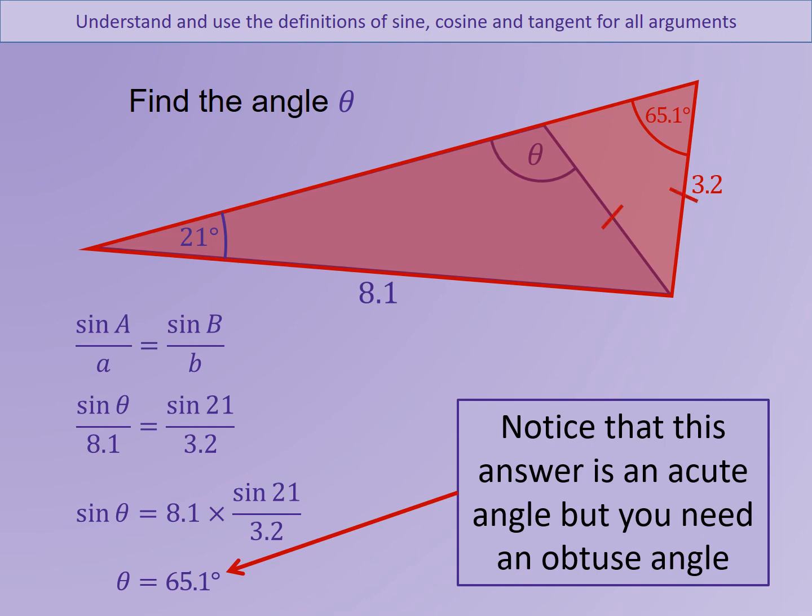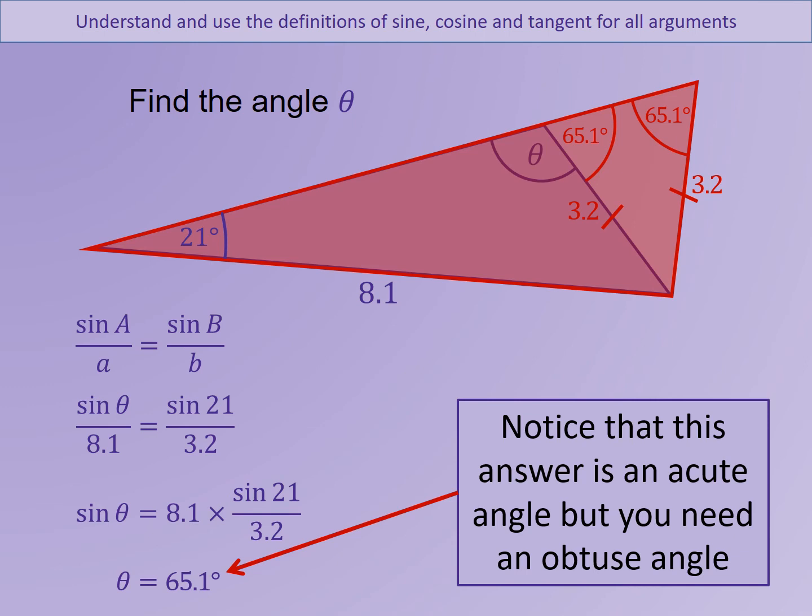Well, it's quite simple. This triangle that's in the top right hand corner of the screen is an isosceles triangle. Both of those lengths are 3.2. And therefore, if both of those lengths are 3.2, then it means that the angles at the base of the triangle are both 65.1. So there is the 65.1 drawn on my diagram.